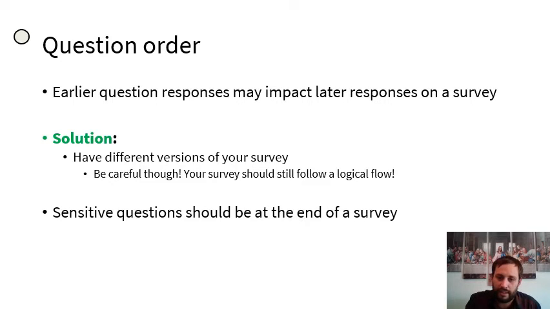The reason for this is because those questions may cause distress and cause your survey taker to not want to take the survey anymore, which they have every right to stop taking the survey whenever they feel like it. However, the nice thing about putting sensitive questions near the end of the survey is you have the rest of the survey already completed. So it's just a little trick that is oftentimes used for question order.